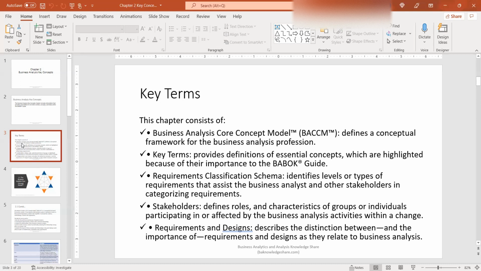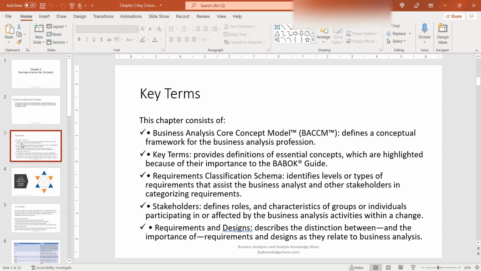Requirements classification schema. Now this identifies levels or types of requirements that assist the business analyst and other stakeholders in categorizing requirements. As an example, you could have functional requirements, you could have stakeholder requirements. What do those all mean? So I'll go over that with you. Stakeholders.